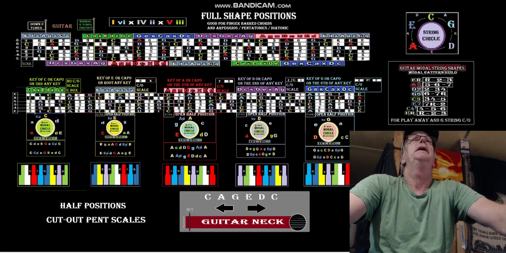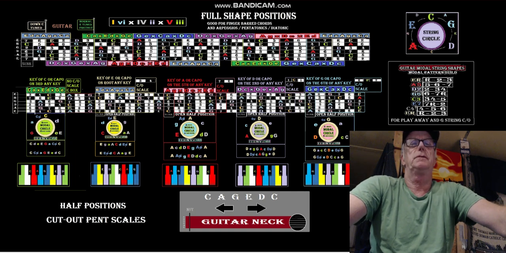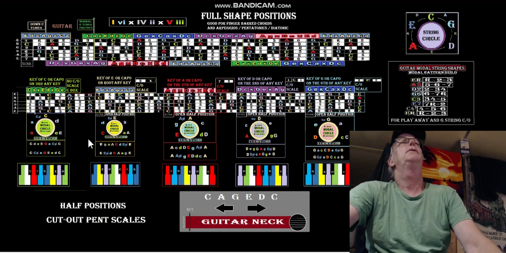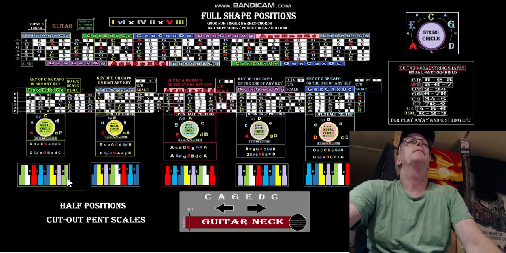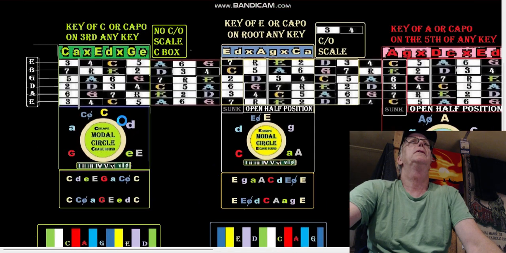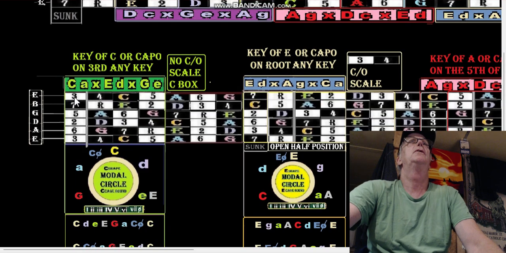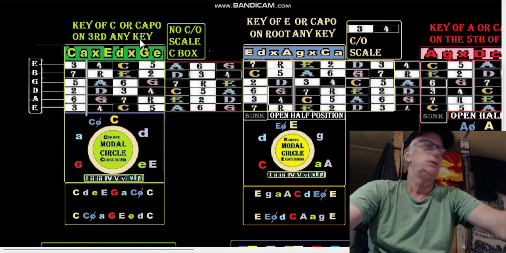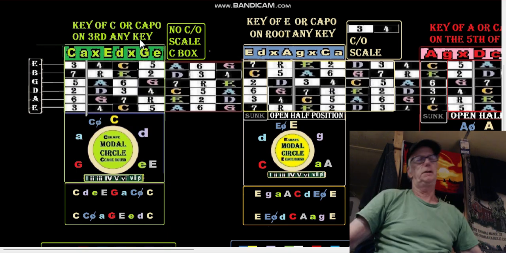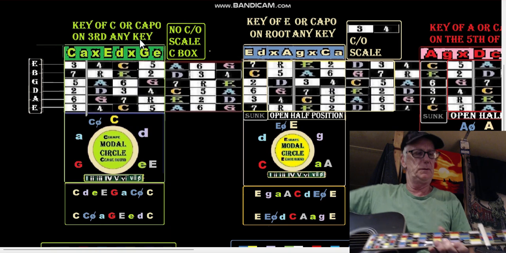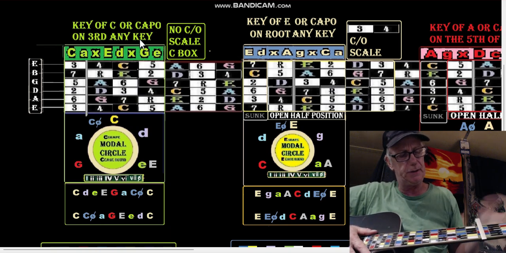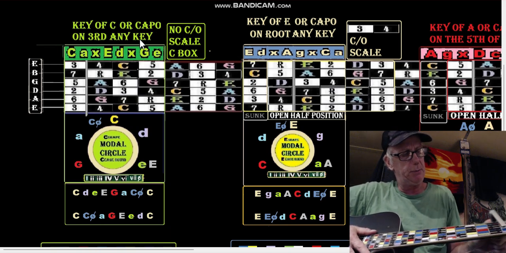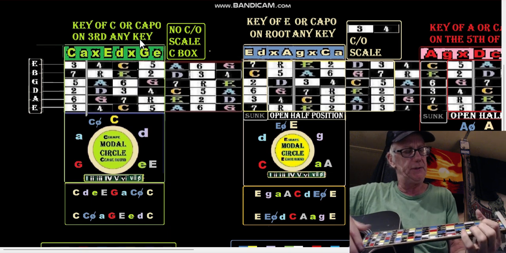What we've got here is chord shape navigation. So let's look at the key of C, or a capo on the third of any key. You've got the key of C here. If I put the capo here and call this the key of D, right?